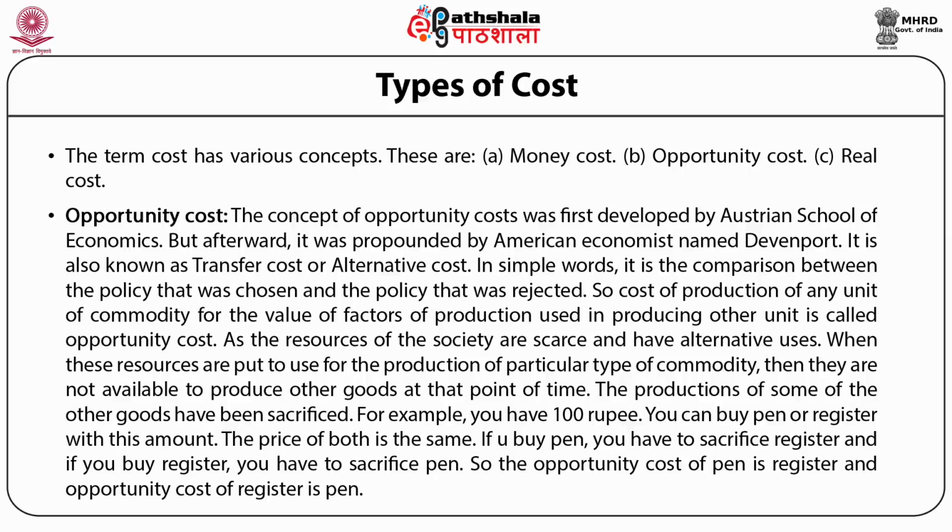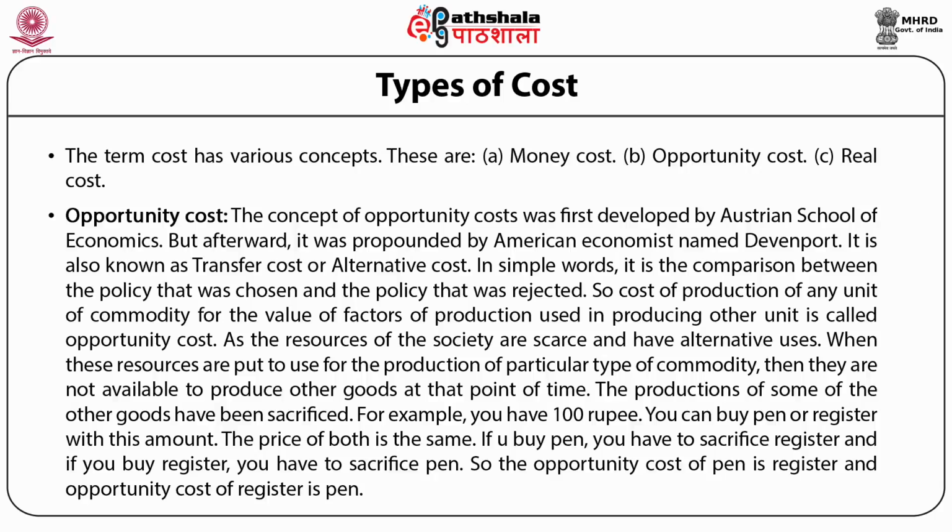As the resources of the society are scarce and have alternative uses, when these resources are put to use for the production of a particular type of commodity, then they are not available to produce other goods at that point of time. The production of some of the other goods has been sacrificed. For example, you have 100 rupees. You can buy a pen or a register with this amount.